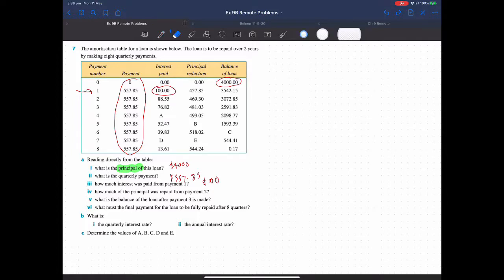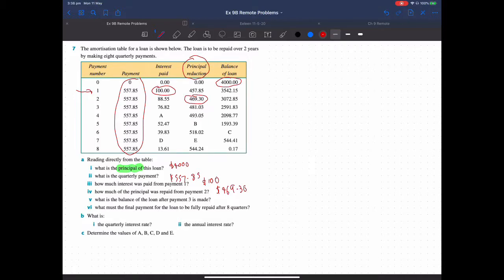If you look at the column which is labeled principal reduction, we can see in that column on the second payment $469.30. So that was how much of the principal was repaid from payment 2.